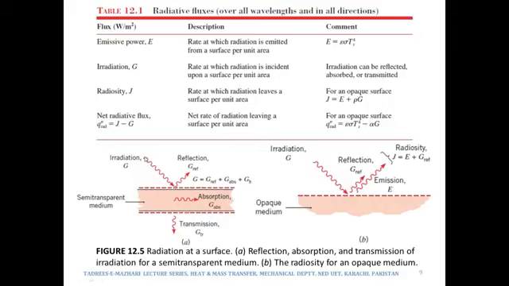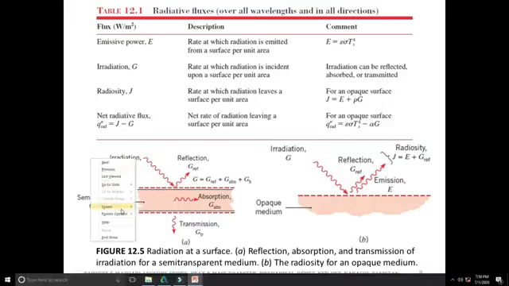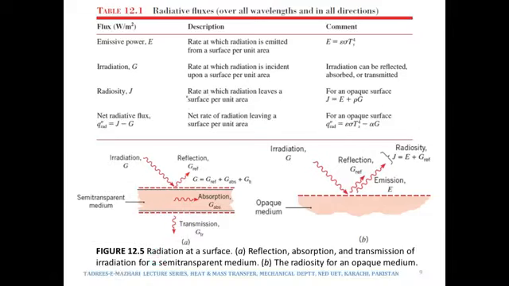what is happening is that the radiation is coming in. It is called radiation, or it is also called irradiation. What is irradiation? Irradiation is the rate at which the radiation is being incident upon a surface per unit area. So again it would be watts per square meter.